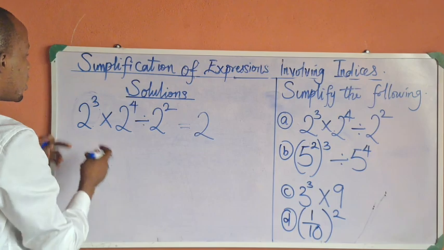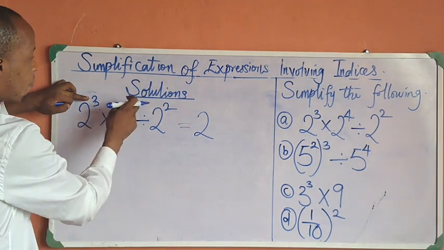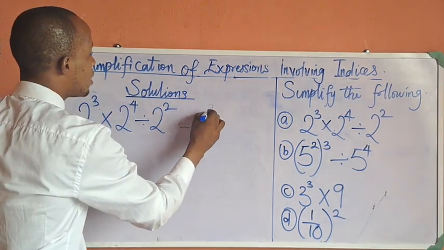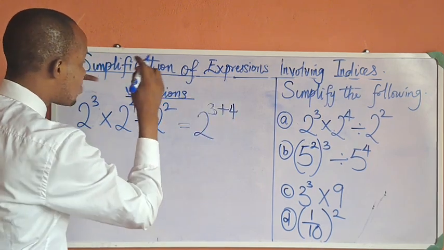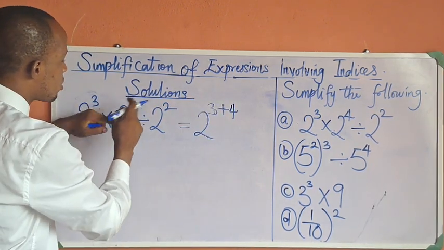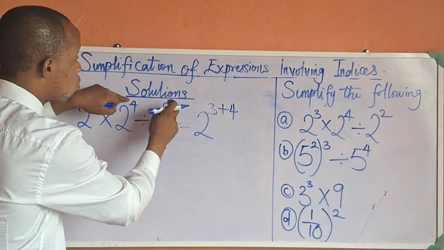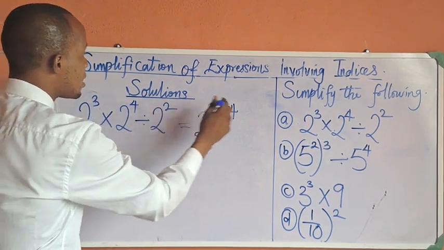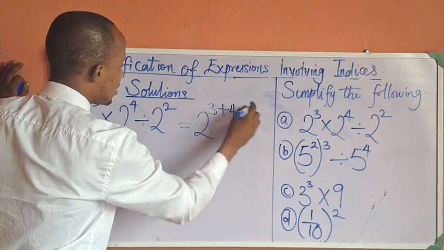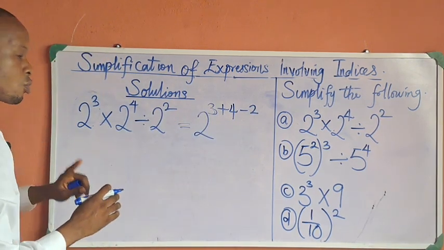So instead of me to multiply 3 by 4, I will simply write 3 plus 4. And instead of me to also divide 4 by 2, what I will simply change the division to is subtraction. That is based on law 1 and law 2.